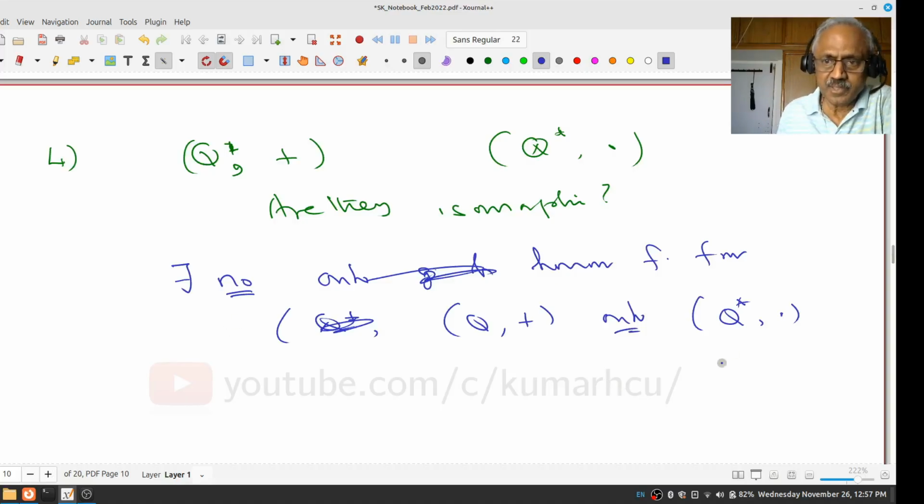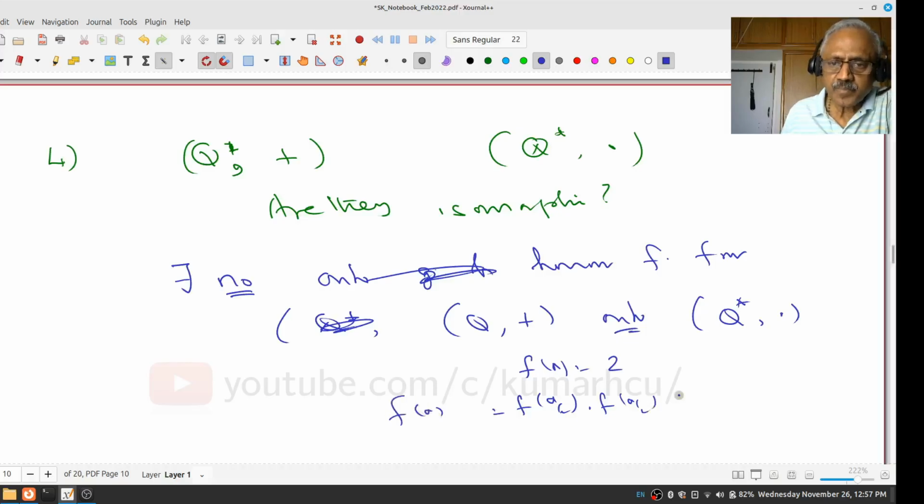The way we did that was, suppose f of a equals 2. Then f of a by 2 times f of a by 2 will be f of a, that will be 2. But f of a by 2 has to be in Q star. In particular, it's a rational number whose square is 2.